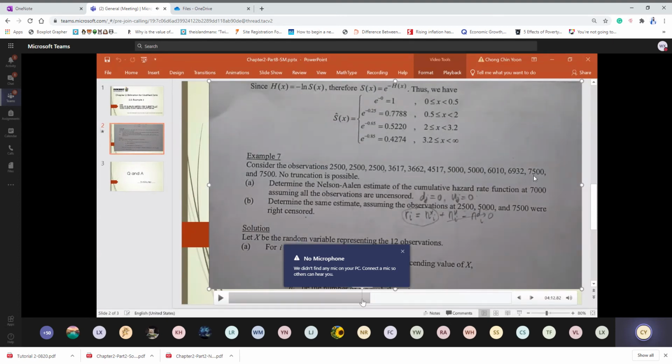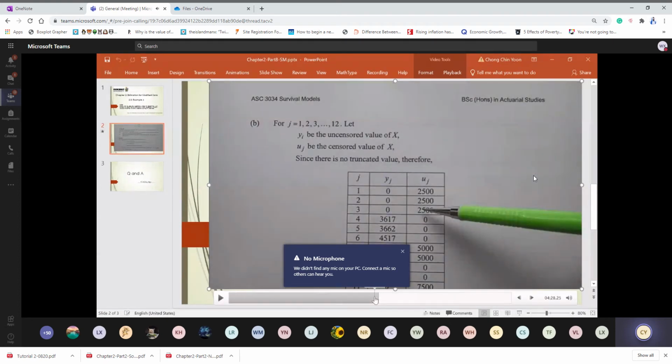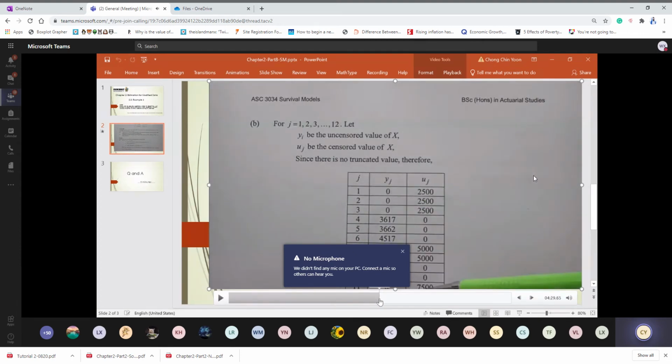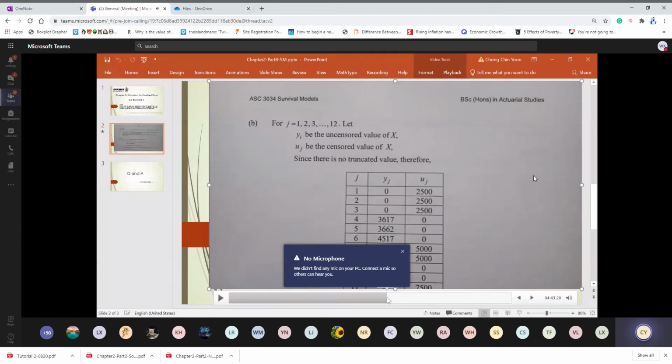For part B, these 3 values then become the right censored values. So for part B, we have to consider the U and the D is still 0. Then after that you need to construct this table. Of course, this table is not necessary to construct, but here I just explain to you.